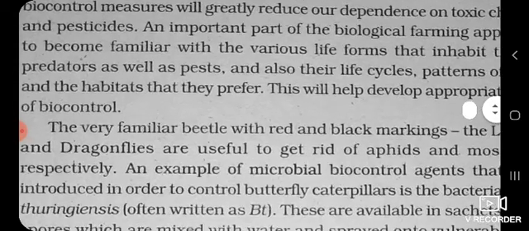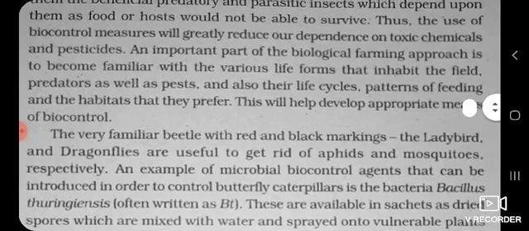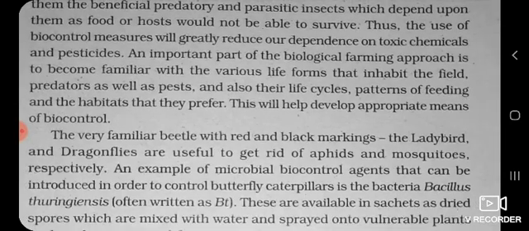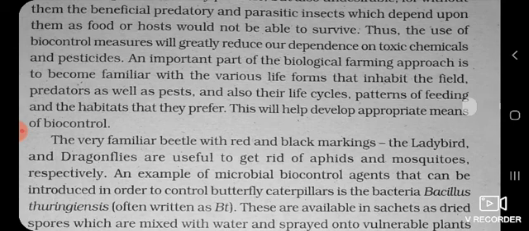An important part of the biological farming approach is to become familiar with the various life forms that inhabit the field, predators as well as the pests, and also their life cycle, pattern of feeding, and the habitat that they prepare.